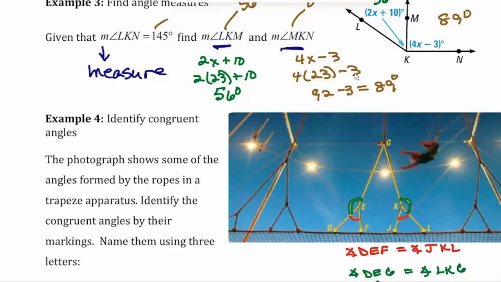Just change the order as long as K is in the middle. They're the same. Therefore, these angles have to be the same because we just said that they were equal because of their markings. Okay, so that's how you look at congruent angles, by their markings.